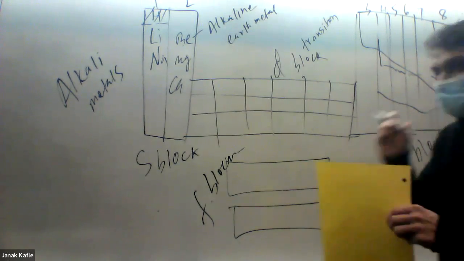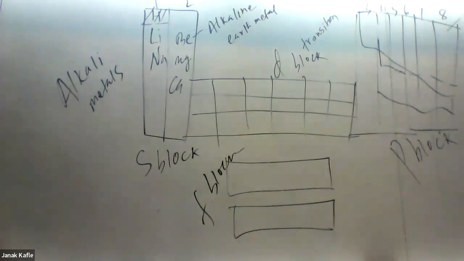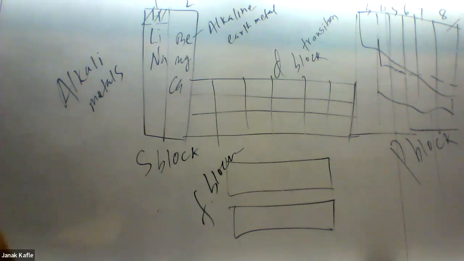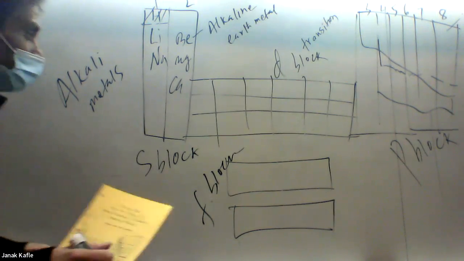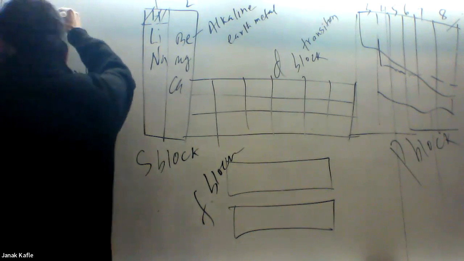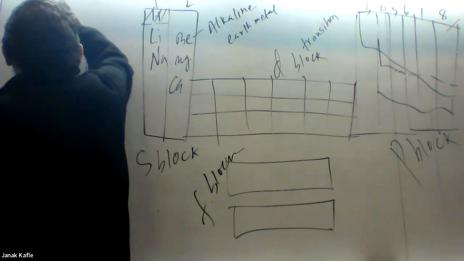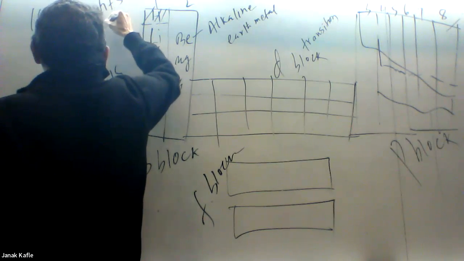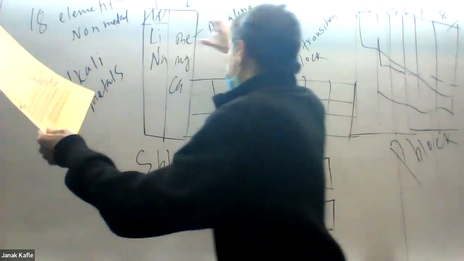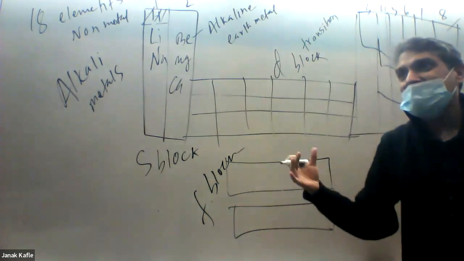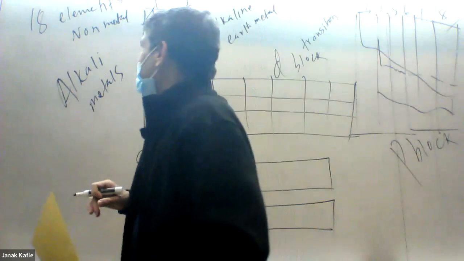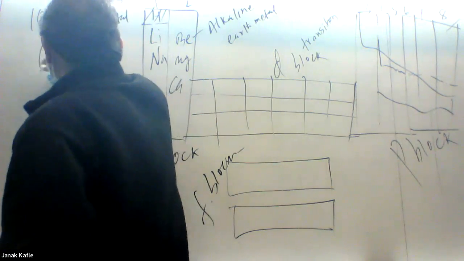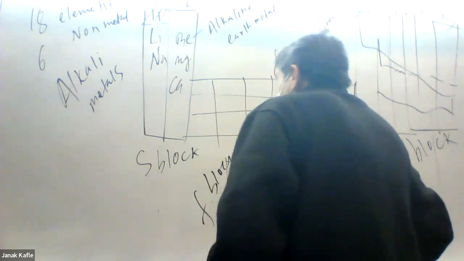So if you see all these elements here, I think 118 or 115 elements people have found so far, and about 18 elements are non-metal. So out of all elements of the periodic table of the universe, right? About 18 elements are non-metal. About 6 are metalloids.